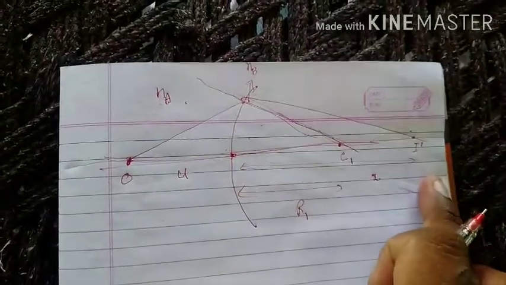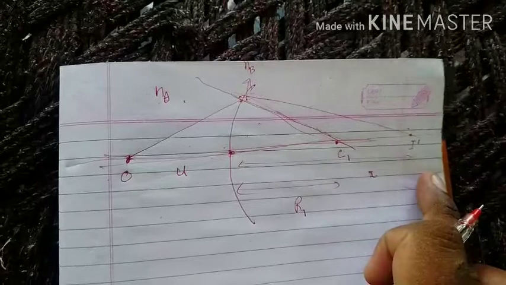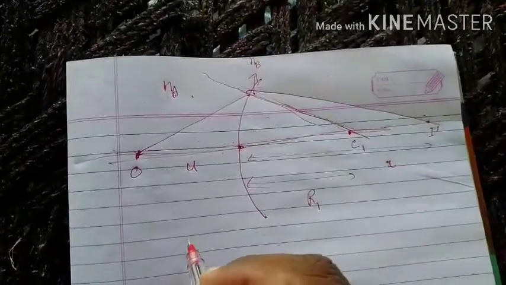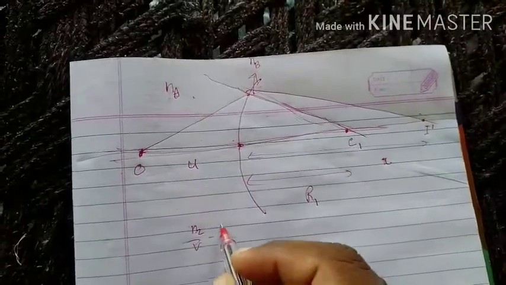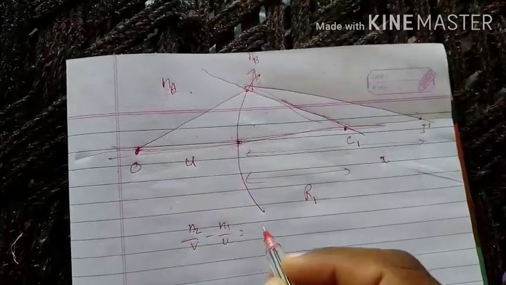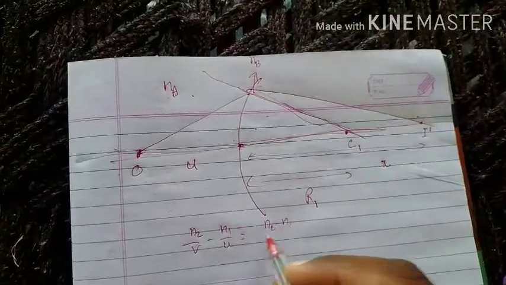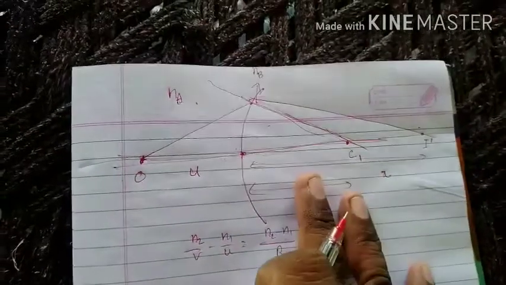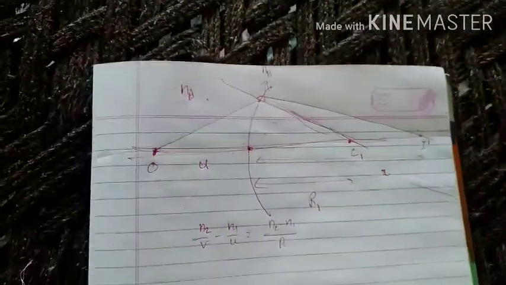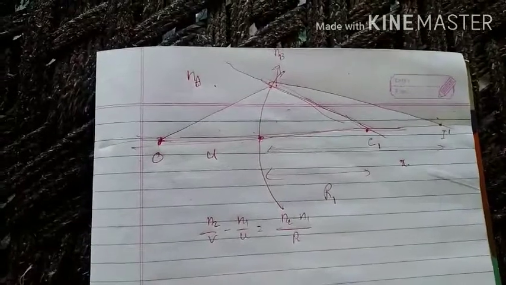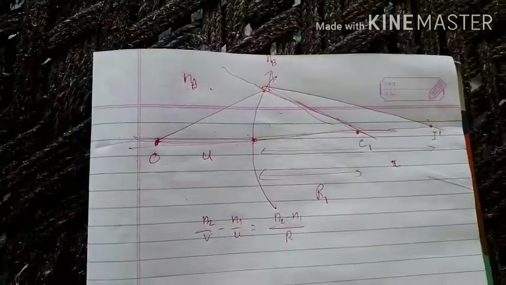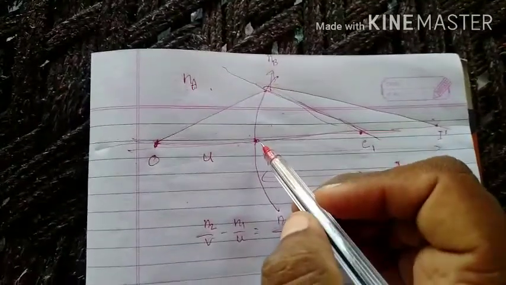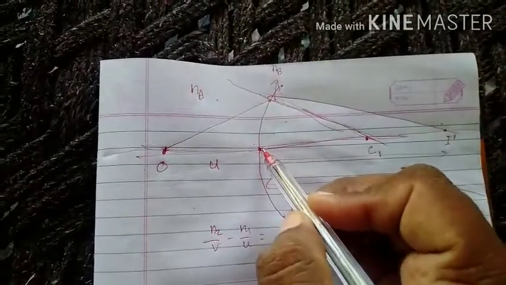Now let us substitute these values in the previously derived equation, that is n2 by v minus n1 by u is equal to n2 minus n1 by r. In this equation, these values we are going to substitute. But before the substitution, we must check their sign convention also. See, by sign convention rules, any distance should be measured from the optic center.